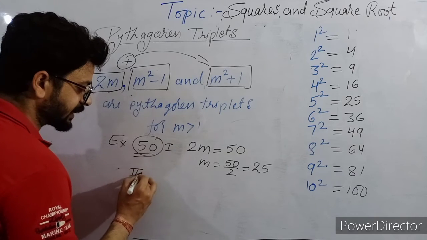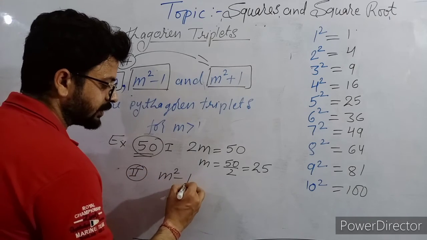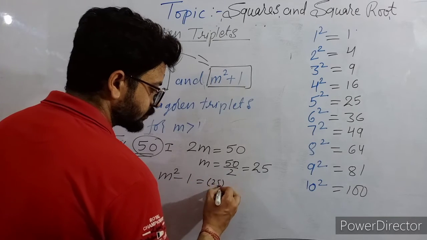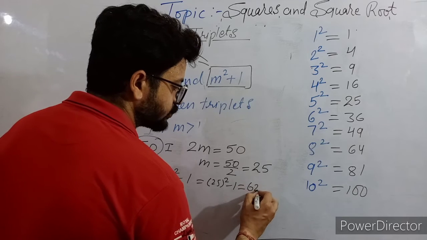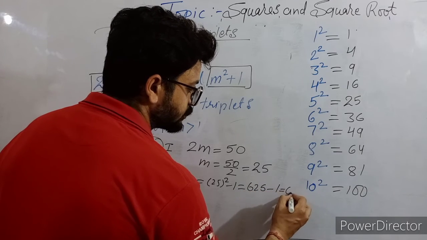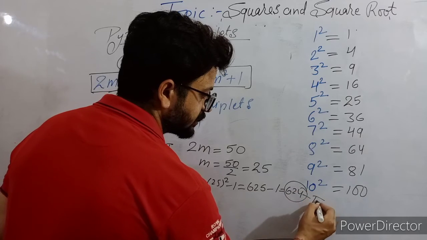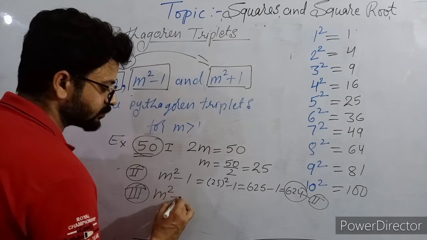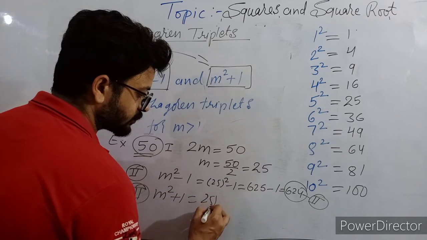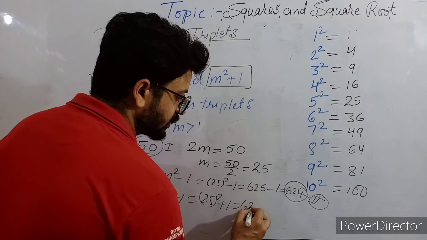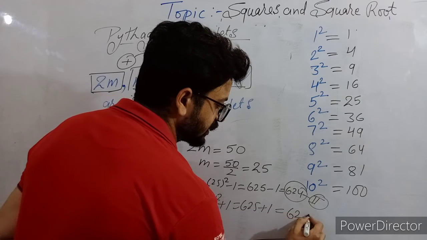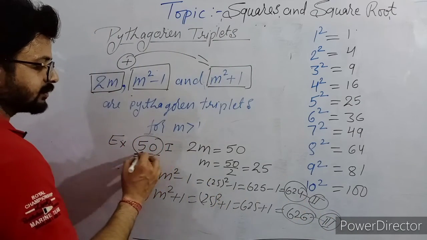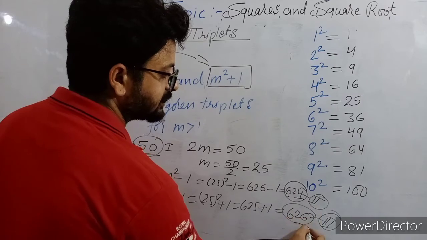Now how to calculate the second number? m square minus 1, m is 25, so 25 square minus 1. 25 square is 625, minus 1 is 624. This is the second number. Now the third number is m square plus 1, 625 plus 1 is 626. So the numbers are 50, 624 and 626.